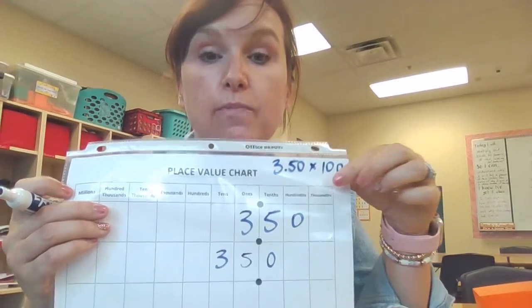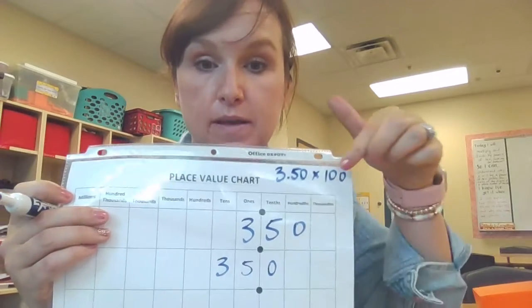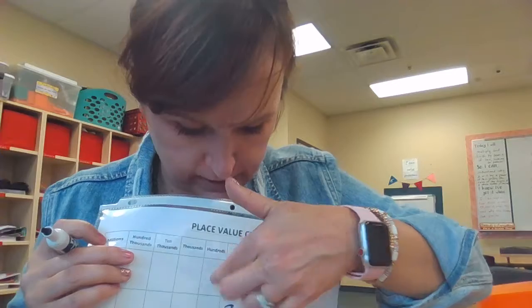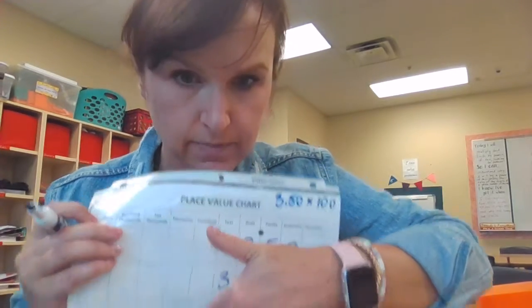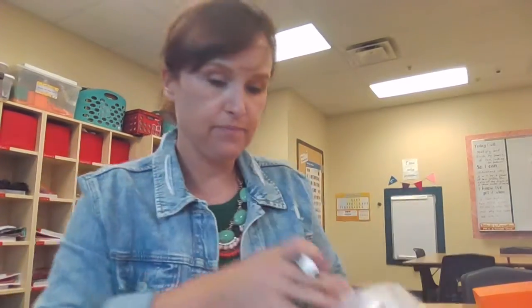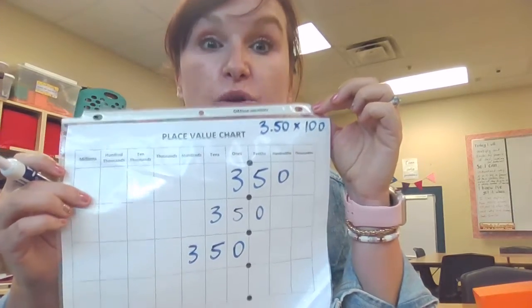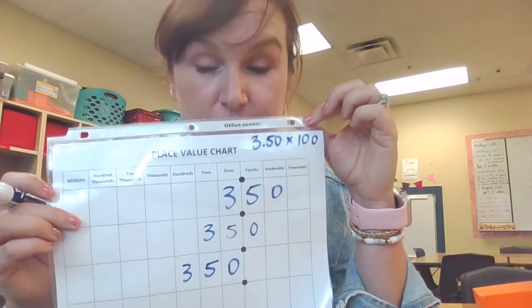That means from my original 350, I'm going to scoot my 3 over 2 place values. So my 3 is going to end up right there. I'm going to scoot everything over 2 times. All right. And I have $350 now.